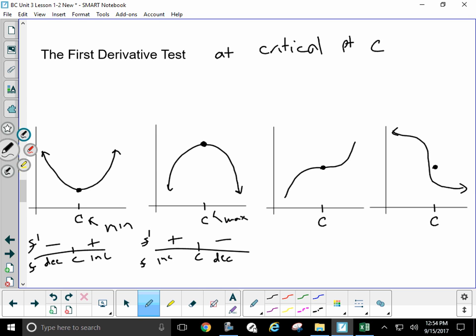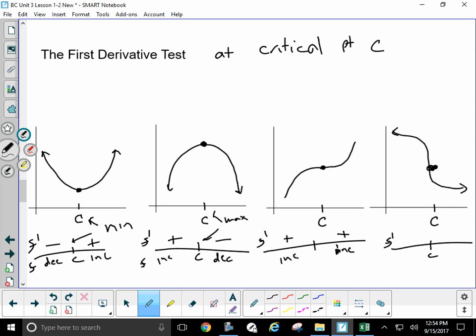Now, if we don't change signs, here we'll go from positives to positives, which means I'm increasing and then increasing. Here, it is a critical point. It's when the tangent slope is vertical. That's an undefined tangent slope.